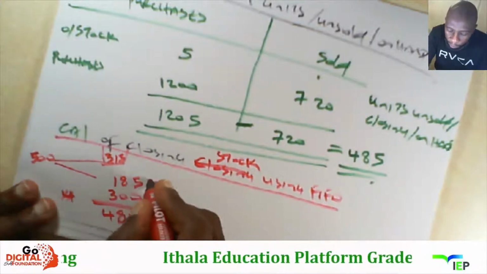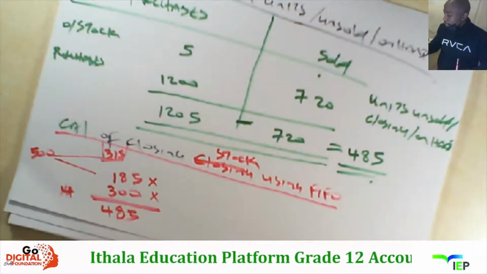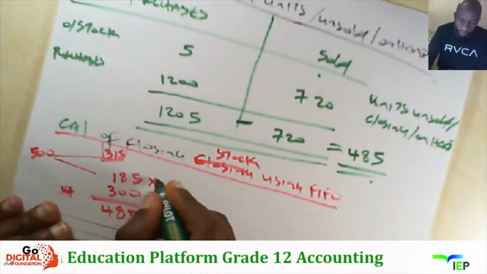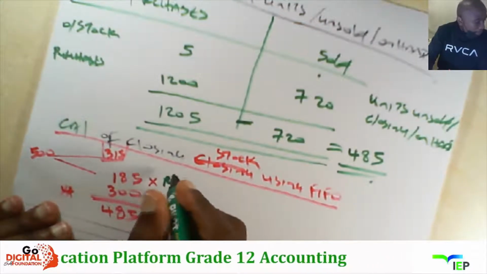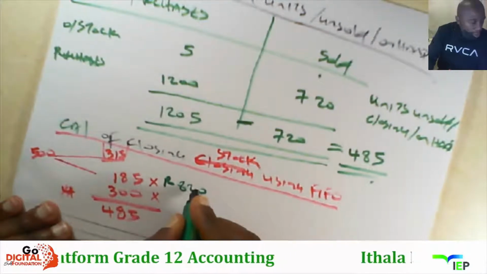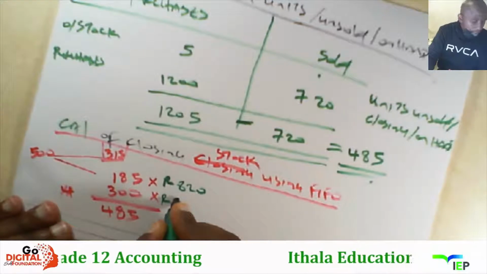Then you times by the number of units, so you times by the unit price. The unit price for the 500 split is 820. Here it's 830.